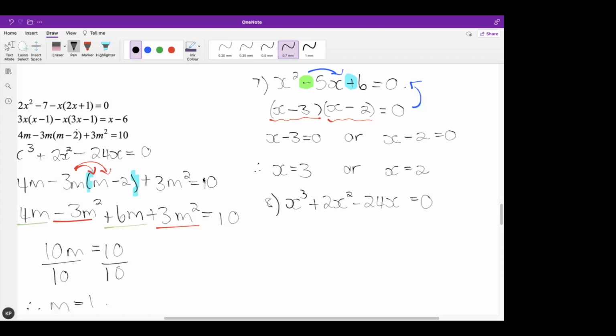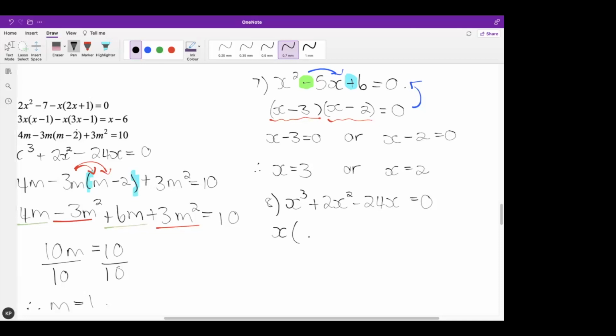Okay, is Pamela saying we factorize? How do we factorize? This isn't a trinomial, so how can we factorize this? Not dividing, but taking out a common factor. So what's my common factor? Nice, guys. It is x.